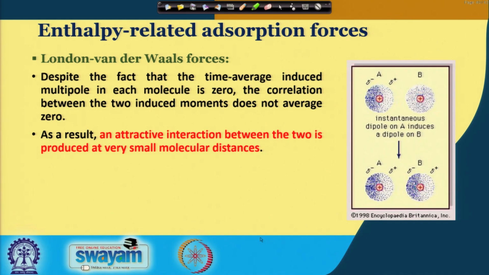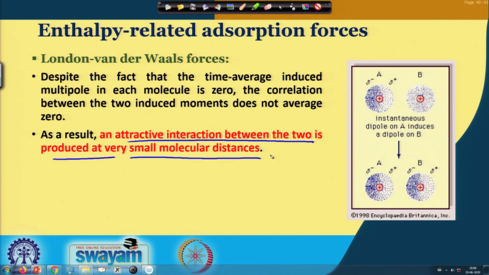Despite the fact that the time average induced multipole in each of the molecules is 0, the correlation between the two induced moments does not average 0. As a result of this induced dipole, an attractive interaction between the two is produced at very small molecular distance. Remember that this is very important.